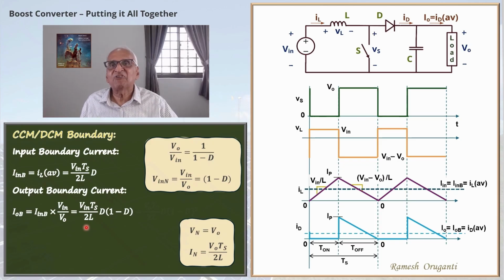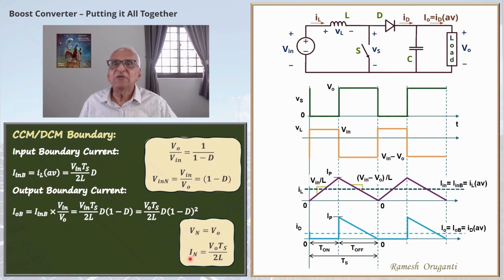Notice that we have the factor V_in T_S by 2L, whereas we are going to use V_o T_S by 2L as the normalizing factor for current. So we can multiply and divide this term by V_o. If we do that, I_oB is V_o T_S by 2L D times 1 minus D whole square. V_o T_S by 2L is the normalizing factor for current.